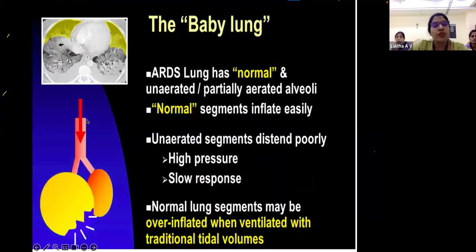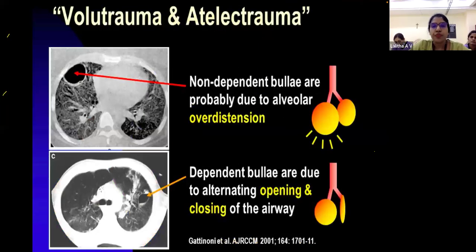So what happens when you ventilate such a lung? If this is normal lung, when you give PEEP, it can get hyperinflated. Whereas those lungs which are collapsed, atelectatic lungs, it's very difficult to ventilate. So on one hand, you will be hyperventilating the normal lungs and you may not be ventilating the unaerated lungs. So one has to choose very careful settings in such a patient.